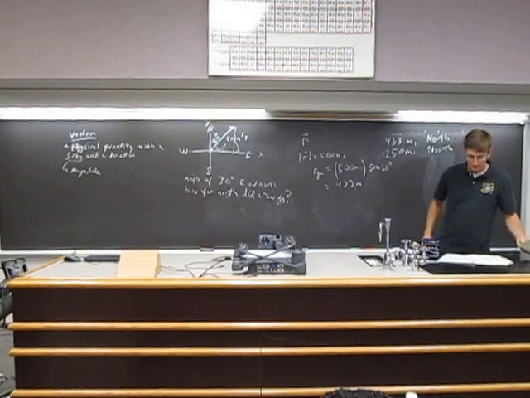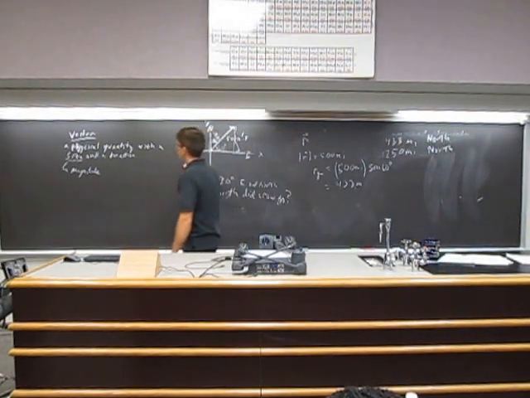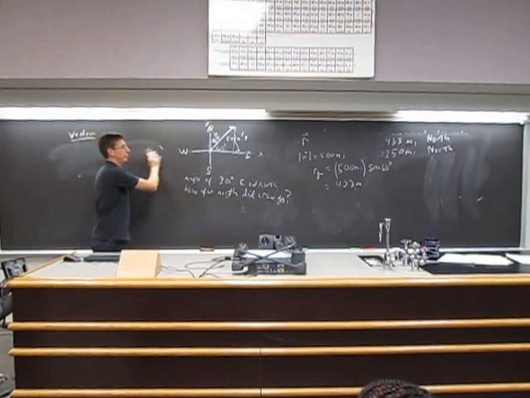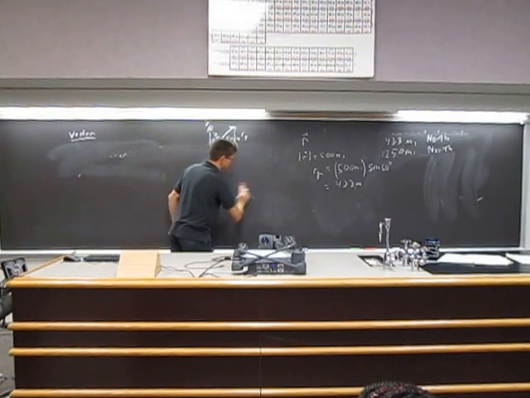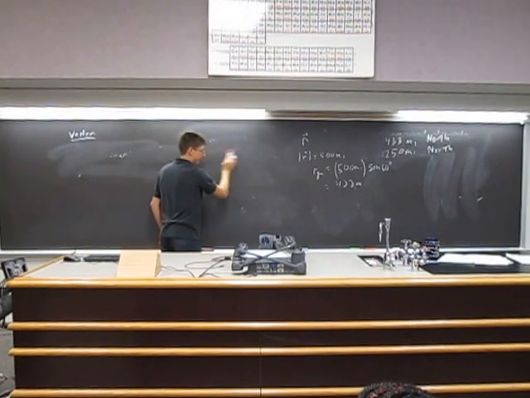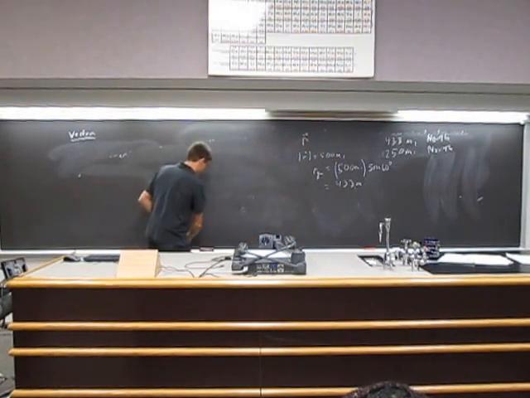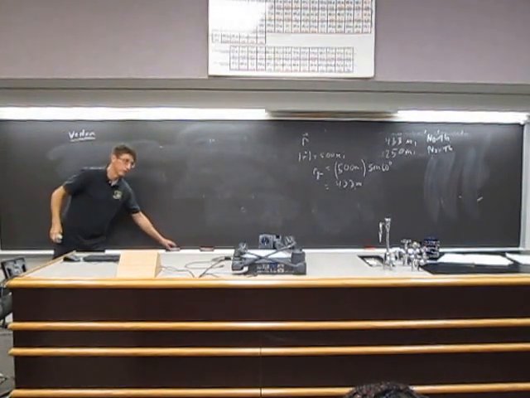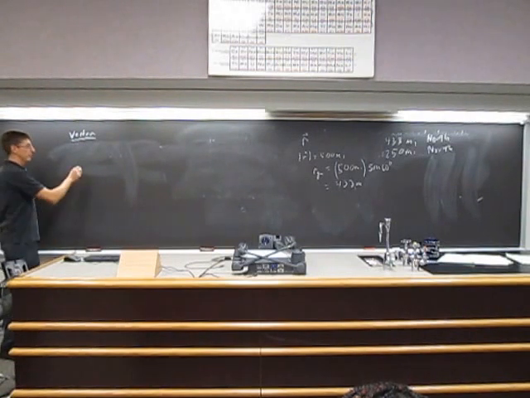All right, let's do some more vector stuff. A lot of times, we want to add up multiple vectors. So let's say I have two vectors, and I'm not going to worry about their units or what they actually are for a little bit. Say I have two vectors, but they have the same unit that can be added together.